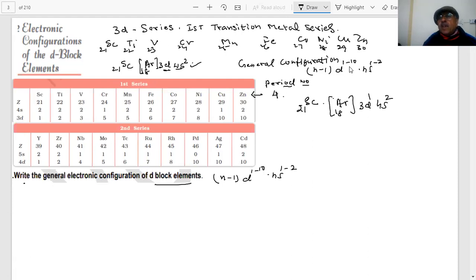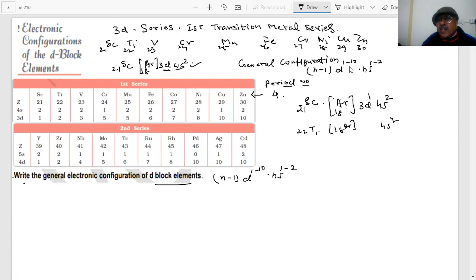The first electron is entering into the d subshell, students. This is an incompletely filled d, so the transition series begins. Then it will go from d1 to d2, d3, and 4s is completely filled. And if I have 22, titanium, you can easily write 18 argon, then how many will be left? 4s2.